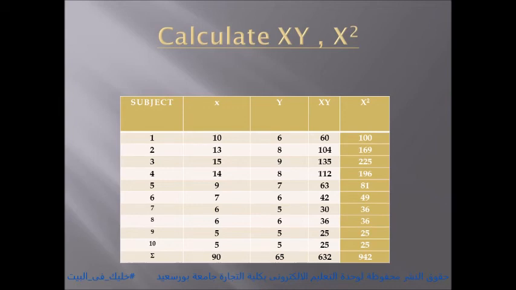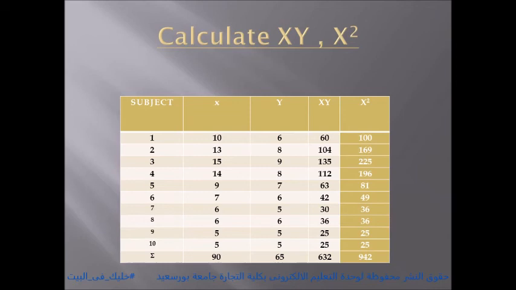For x squared, subject number 1 equals 100, 2, 169, 3, 225, 4, 196, 5, 81, 6, 49, 7, 36, 8, 36, 9, 25, and 10, 25. Summation of x squared equals 942.